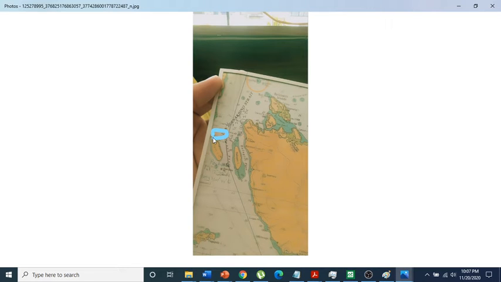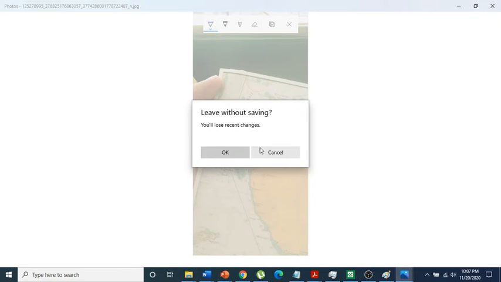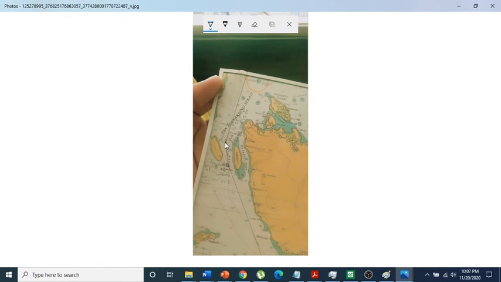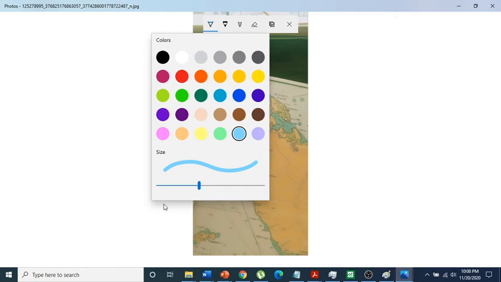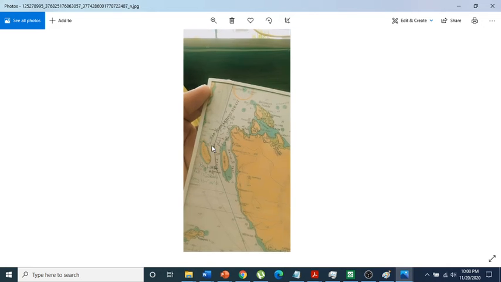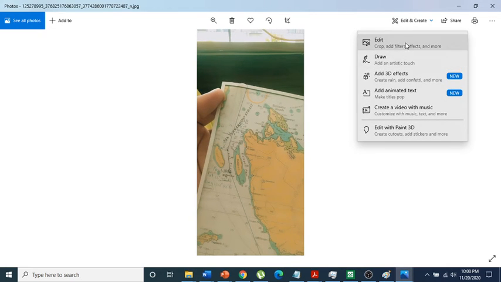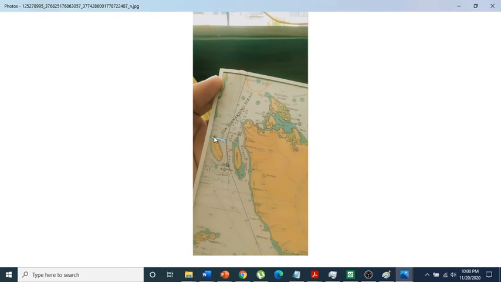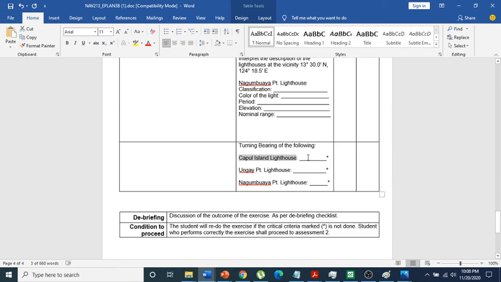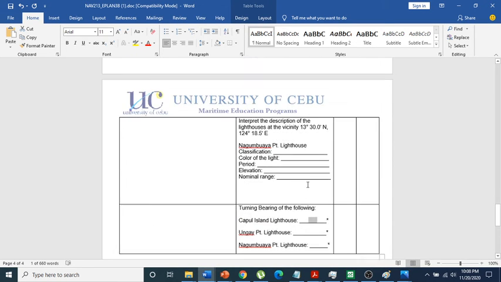First, of course, you circle this, and then you draw a bearing here. Once you draw a bearing in that light, you take this bearing line and measure it in the compass rose, and that will be your answer for this question.